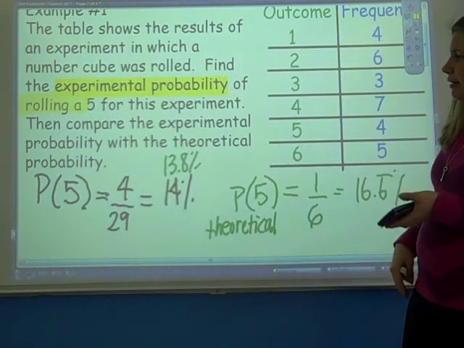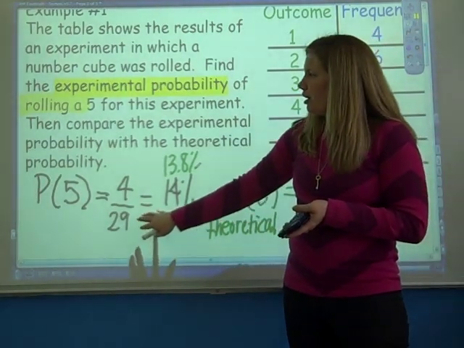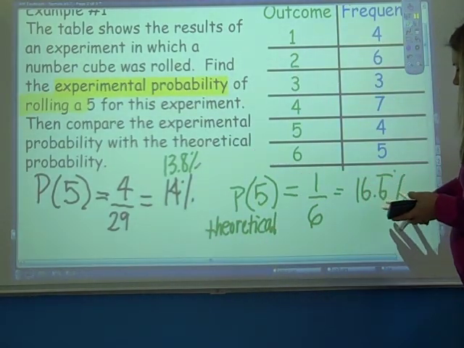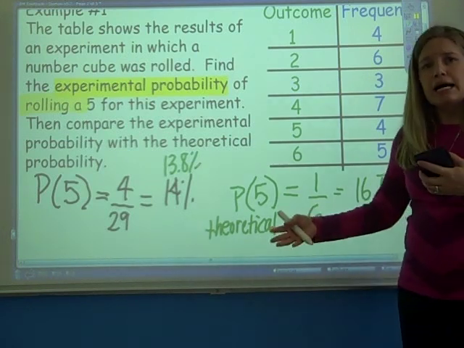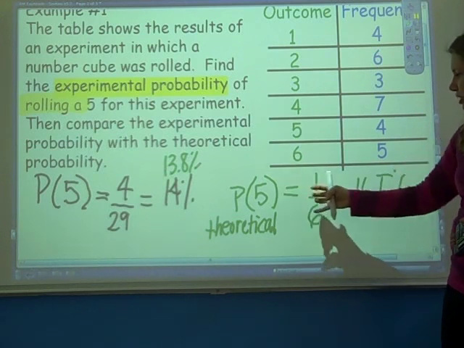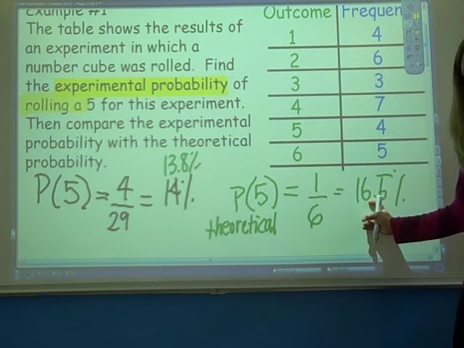Now they want us to compare it. So this probability, our experimental, is a little bit less than our theoretical, but it's kind of close. So if we had done this a bunch more times, it would reach closer, hopefully, to 16.6 repeating.